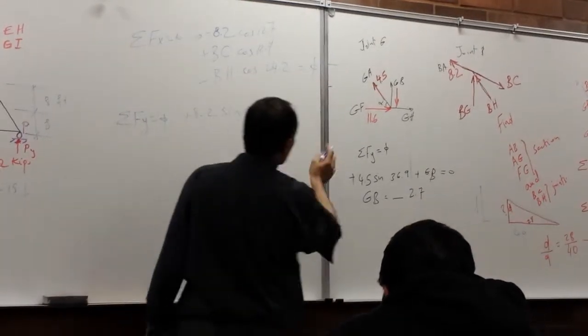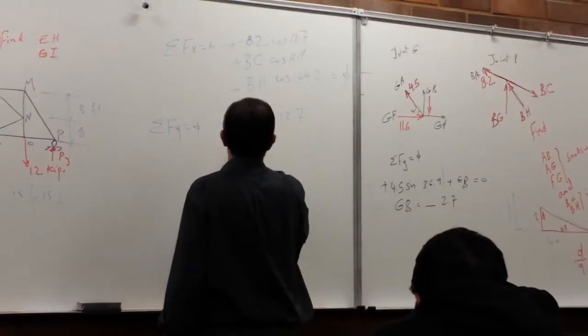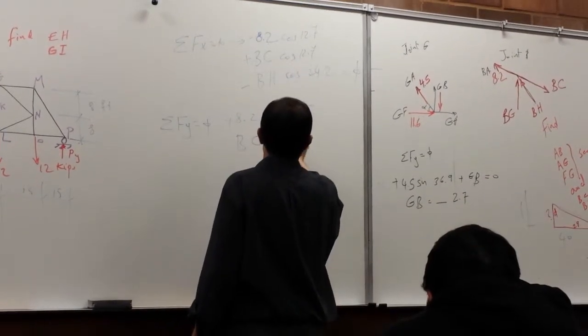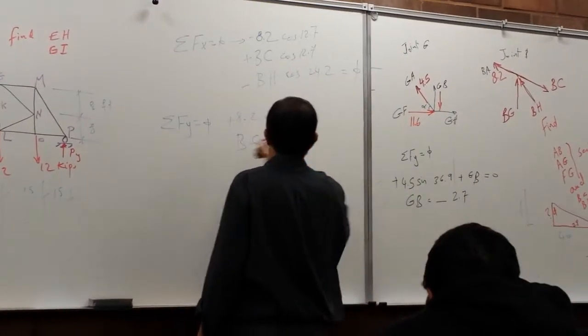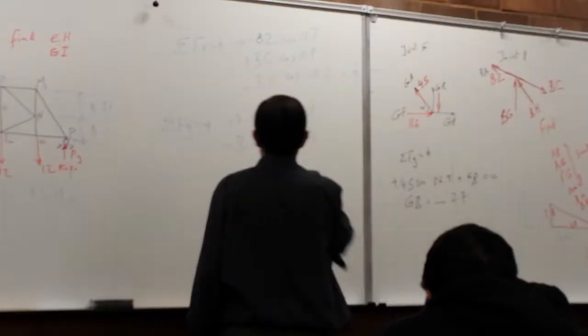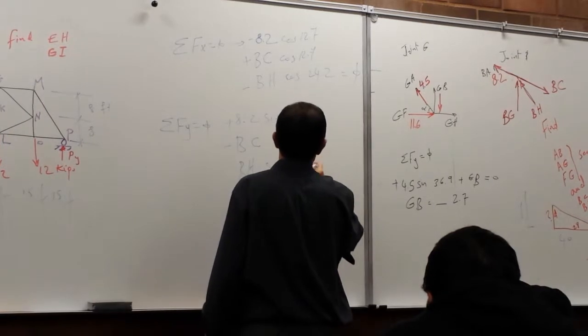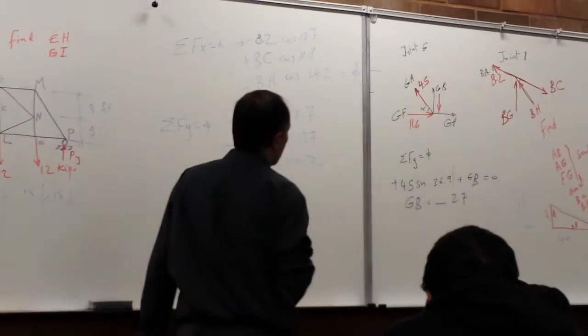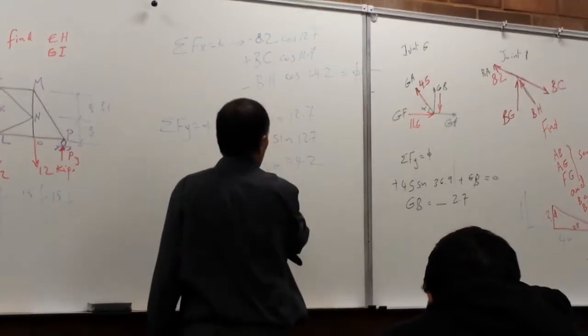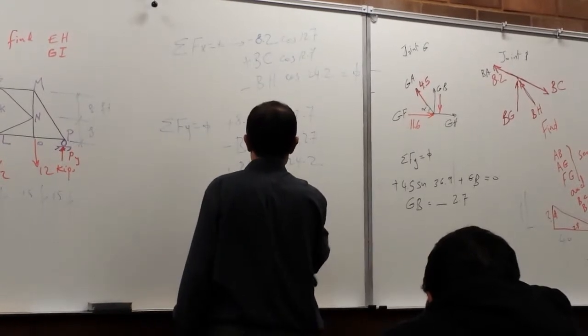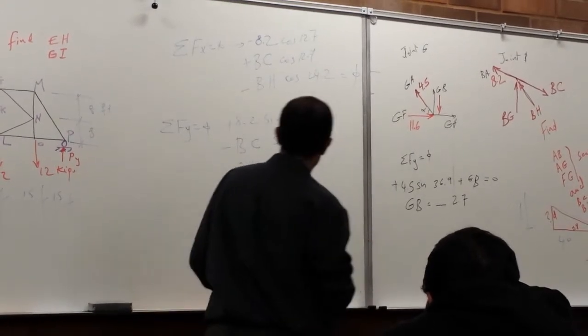The BC sine of the 12.7 is negative. The BH sine of the 24.2 is positive. BG is positive.